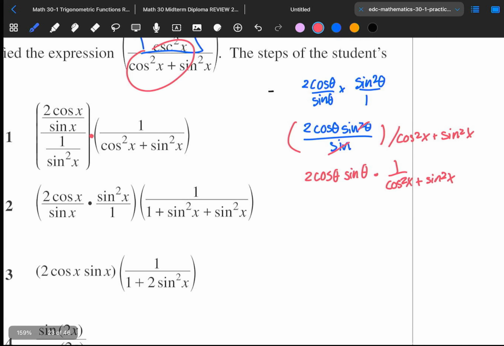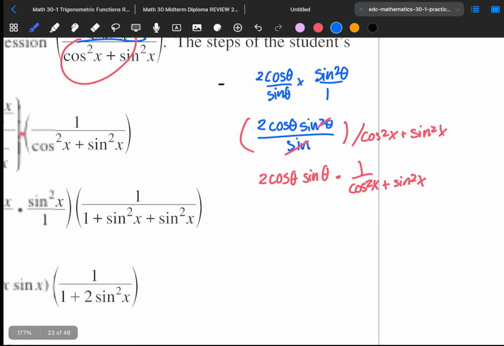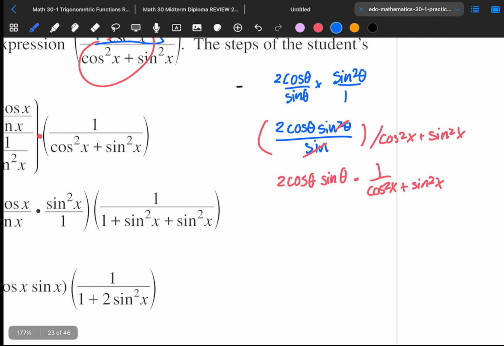Now, from here, what you can do is honestly look at cos squared x plus sine squared x. That identity is just equal to 1, because this would be x squared plus y squared.